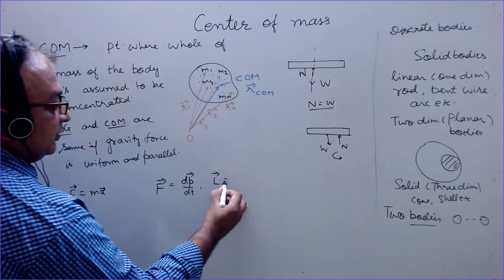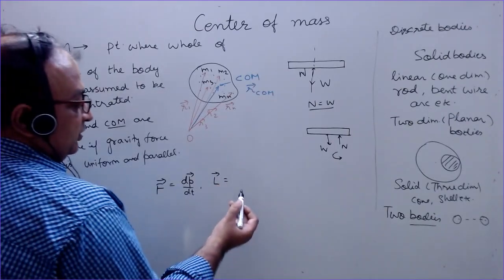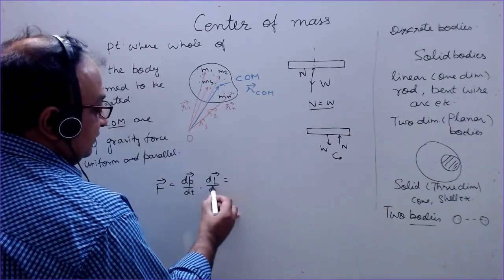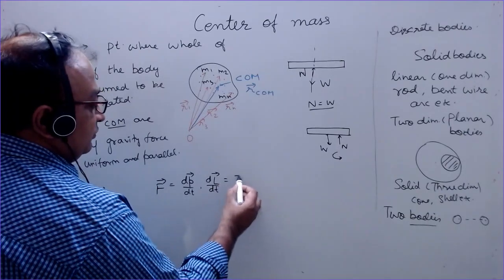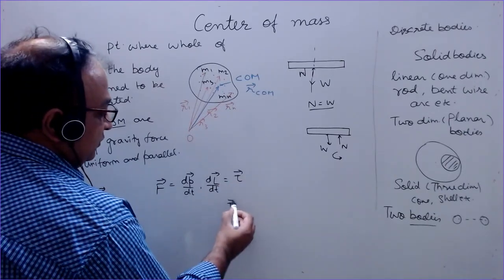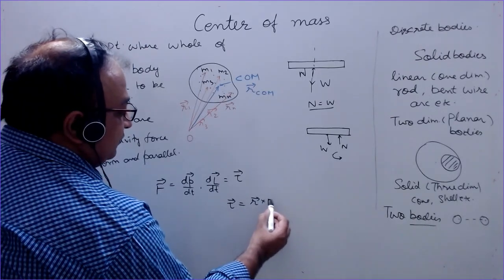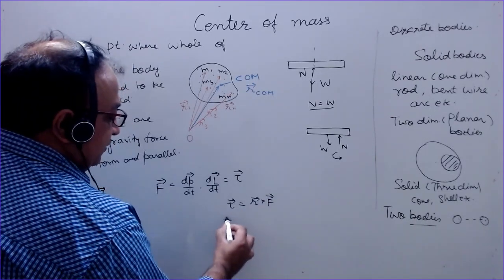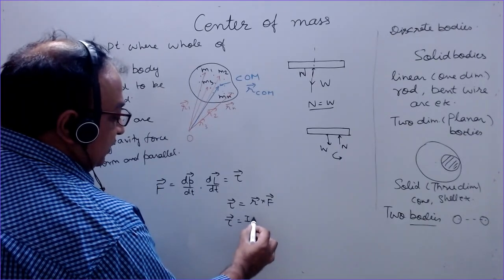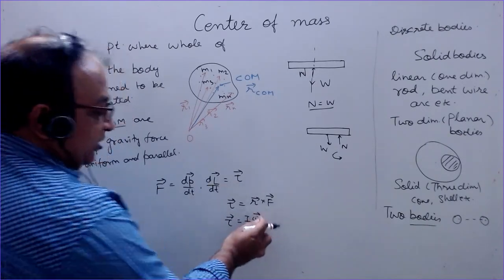L is angular momentum, and the rate of change of that is equal to the torque. Torque equal to R cross F. Then we have external torque equal to I omega. Here we are considering this as a vector.